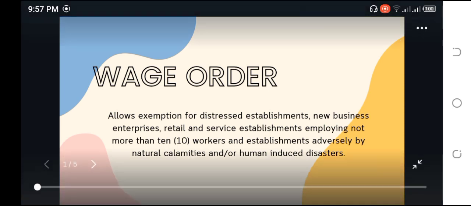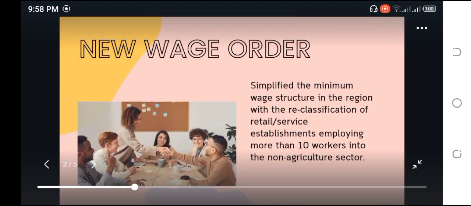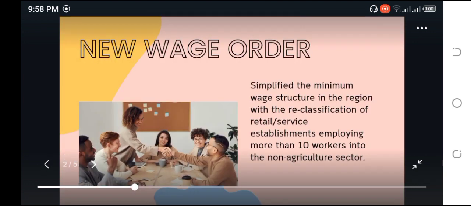Next, new wage order. Simplify the minimum wage structure in the region with the reclassification of retail service establishments employing more than 10 workers into the non-agricultural sector. In summary, a new wage order has been implemented in a specific region.